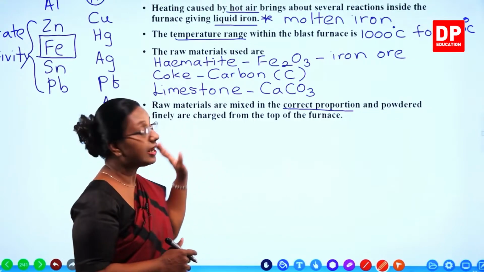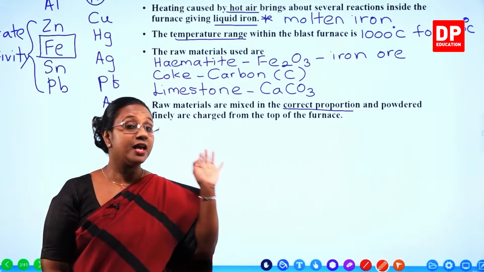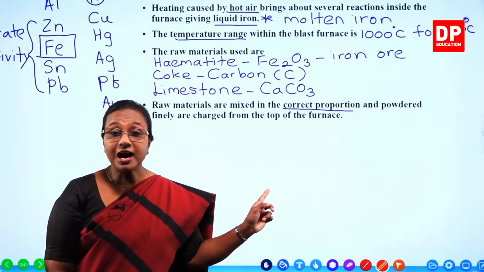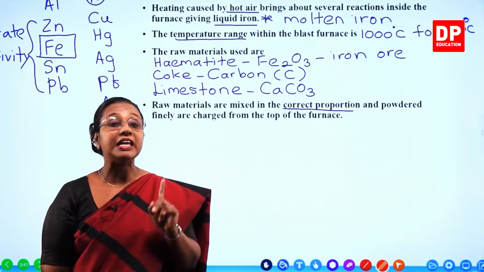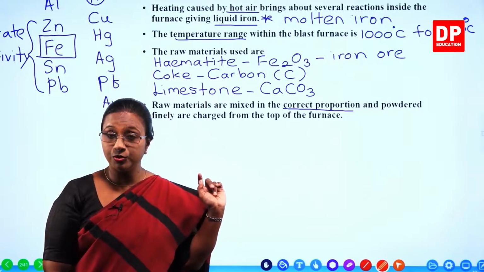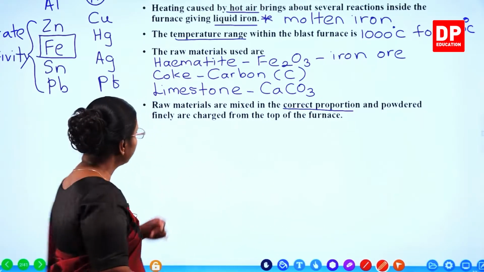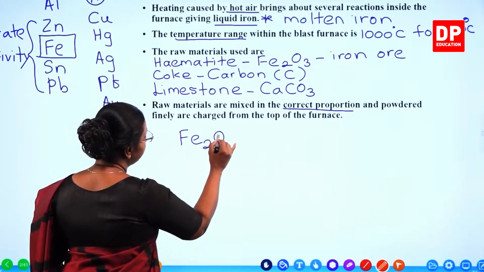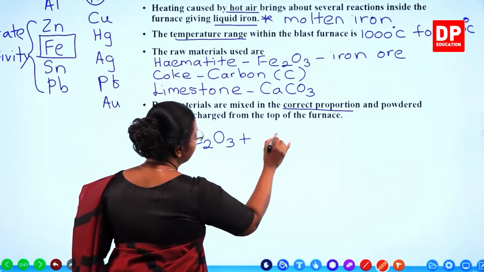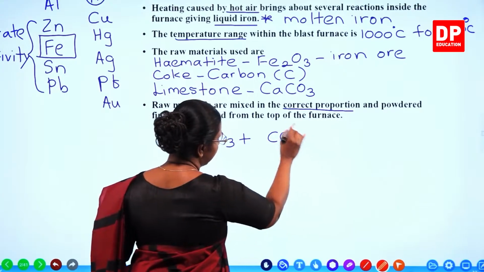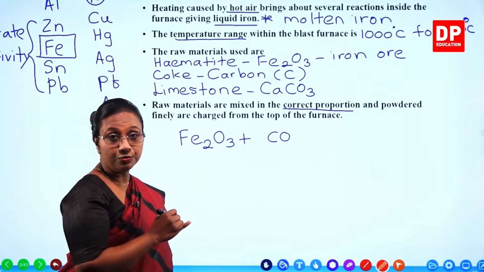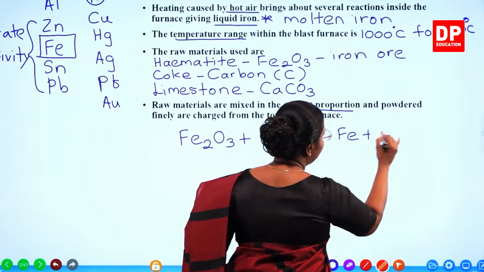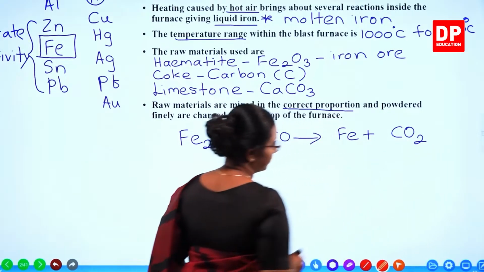Now we have looked at this reaction before also, students. I mentioned to you all that we will be discussing the reduction of iron from hematite, that is Fe2O3, with this process. So if you can remember the balanced chemical equation, Fe2O3 plus carbon monoxide, this is the compound that is going to reduce iron, and that gives rise to iron plus carbon dioxide.